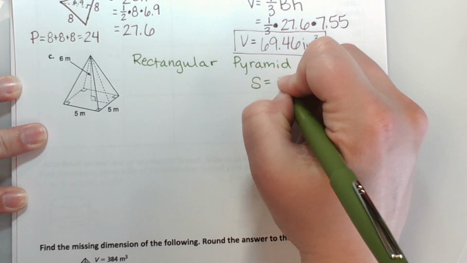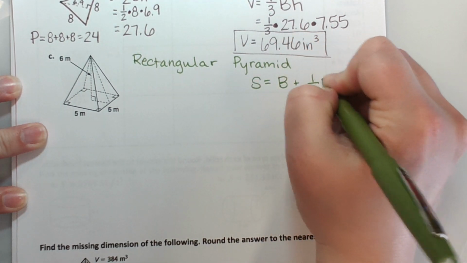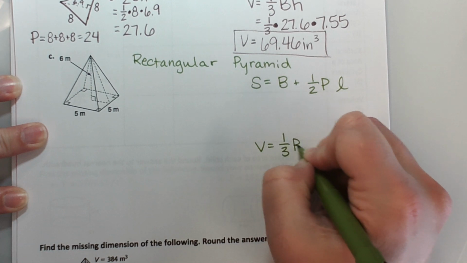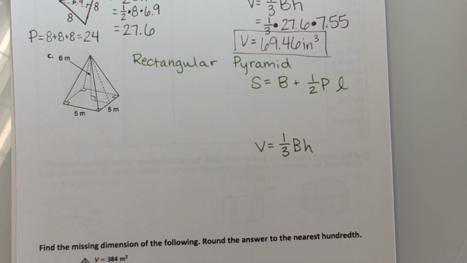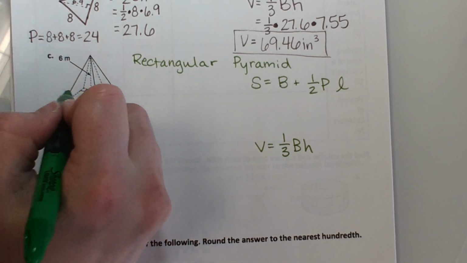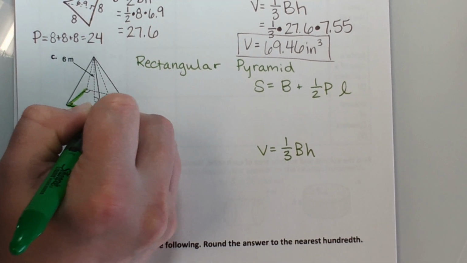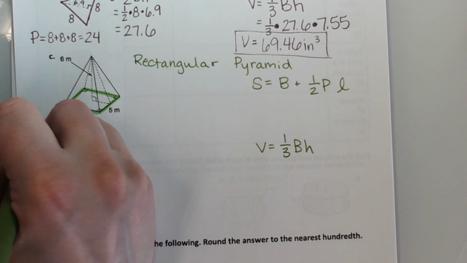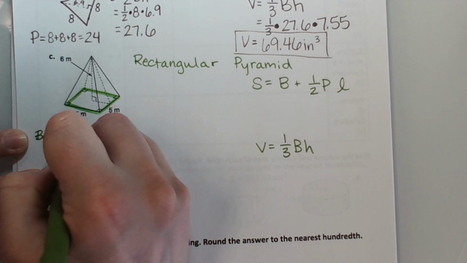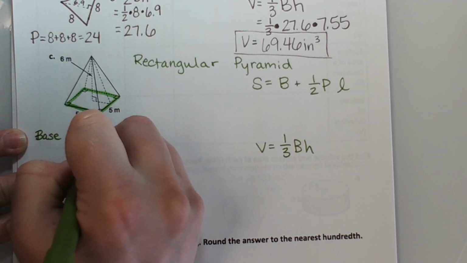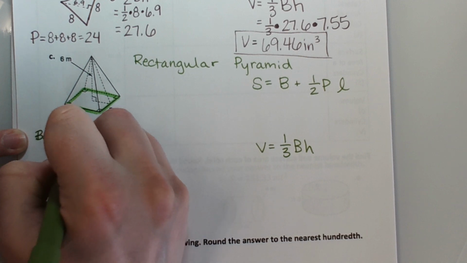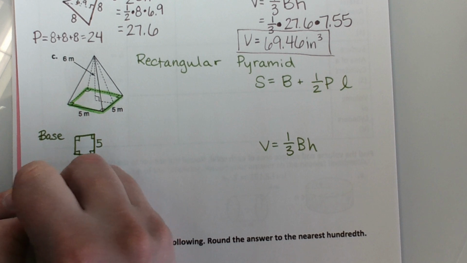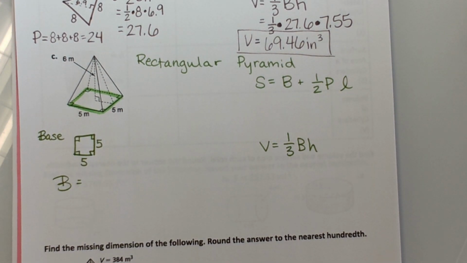Being a pyramid, guess what? Same formulas. Base is that rectangle. From the base, I need base area and base perimeter.